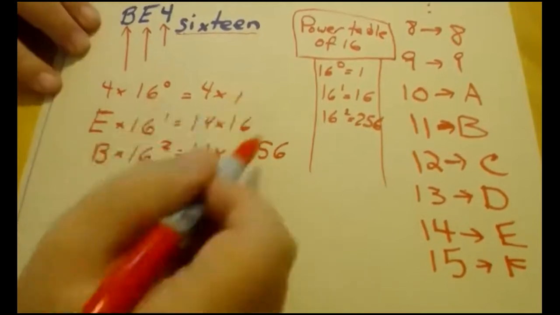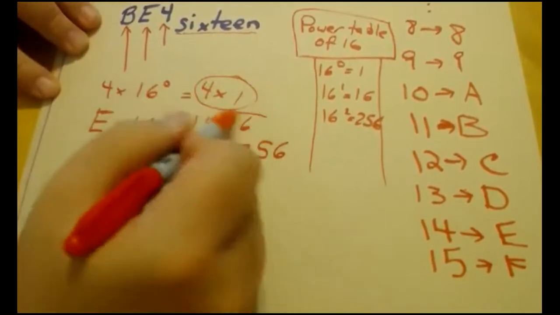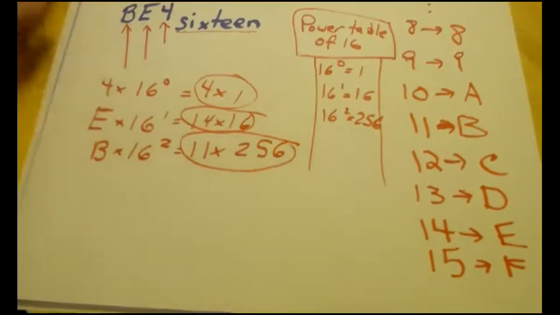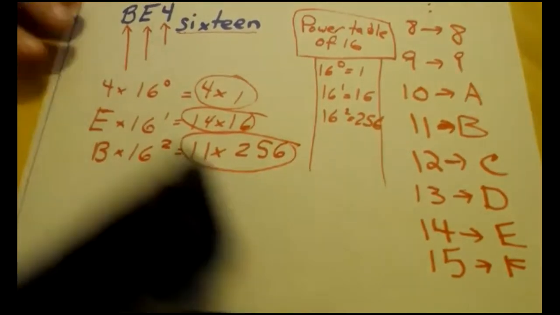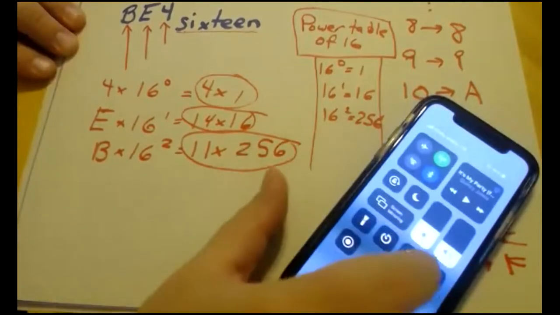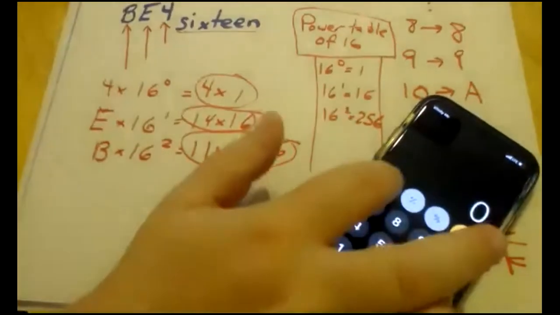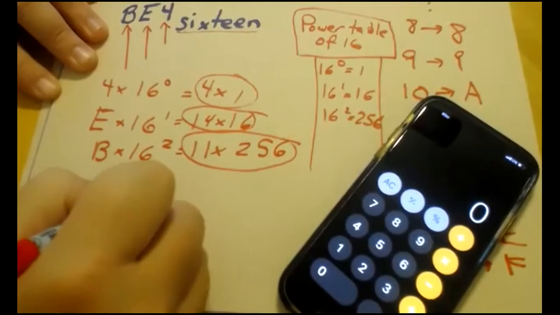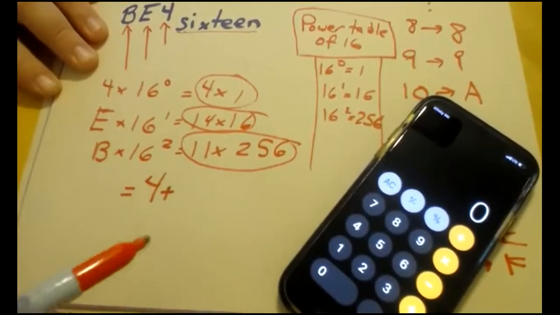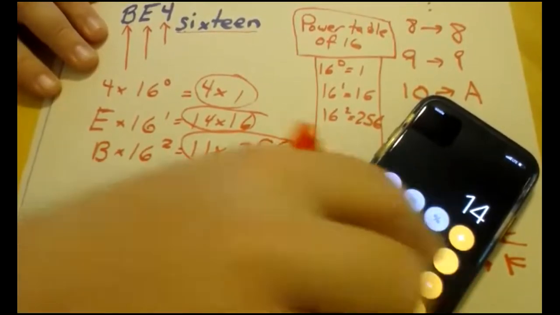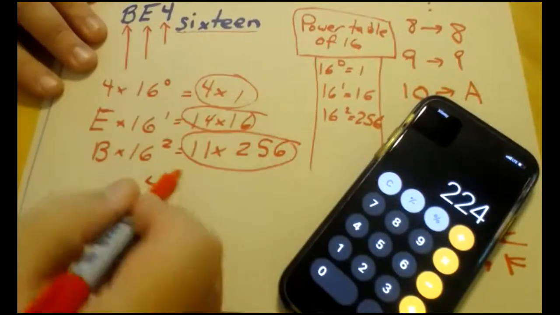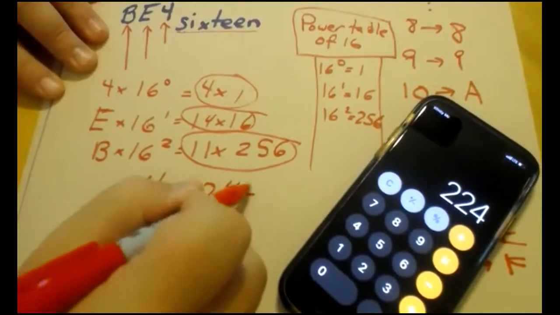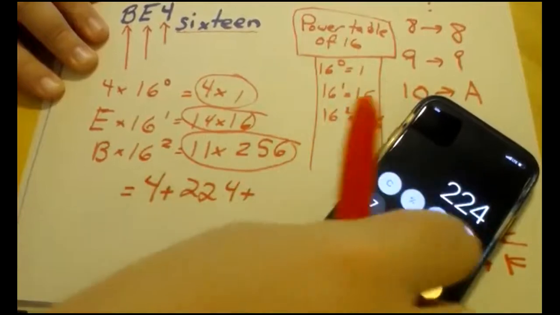Okay, now I have to multiply these all out. I think I can handle 4 times 1, right? Then I need 14 times 16. Then I need 11 times 256.